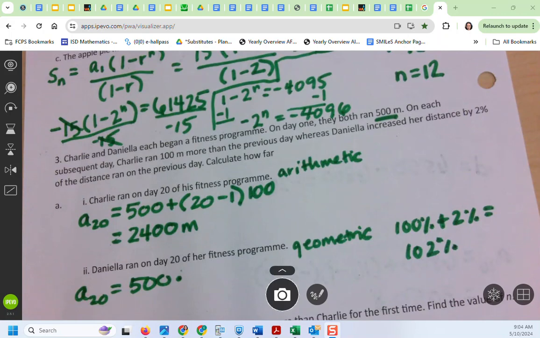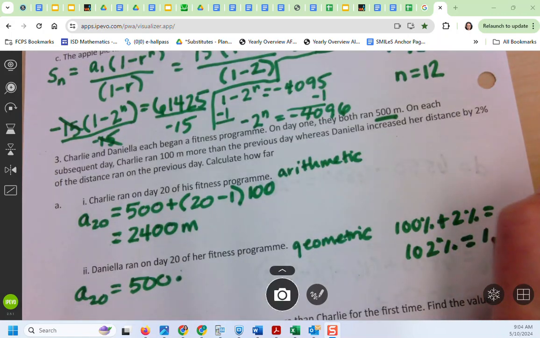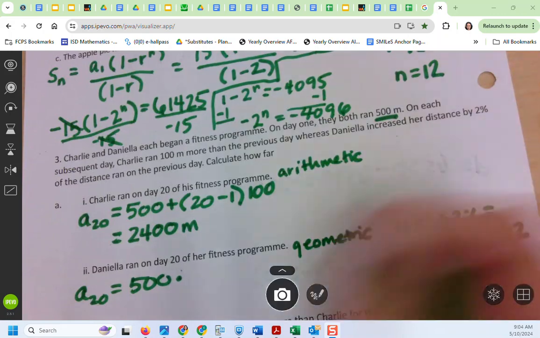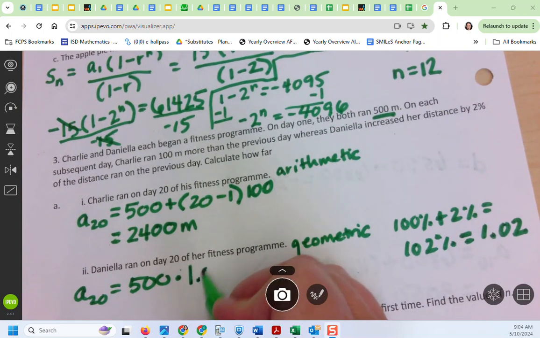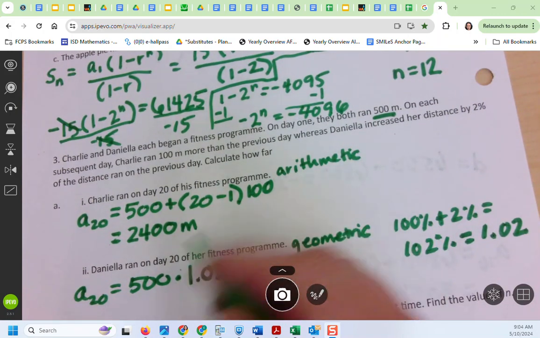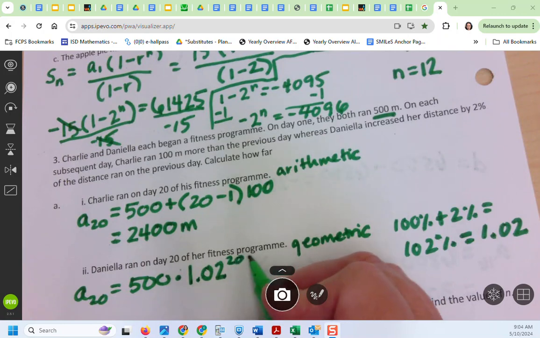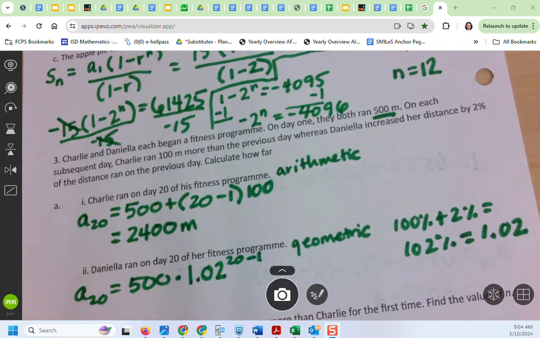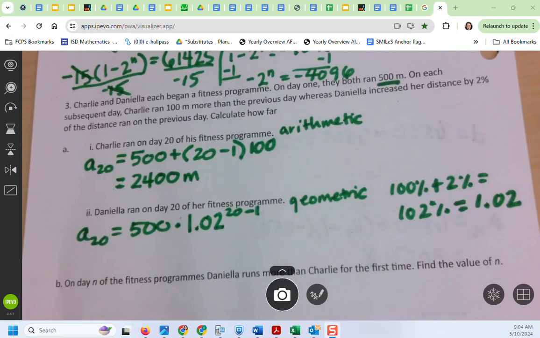And remember that the word percent means per hundred. So if you do 102 divided by 100, you get the decimal, which is 1.02. So that is her r, 1.02. And then raised to the 20 minus 1. Your calculator does know order of operations, so you can put that all in the calculator at once.